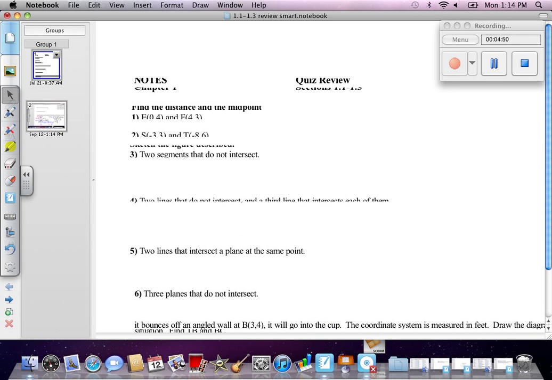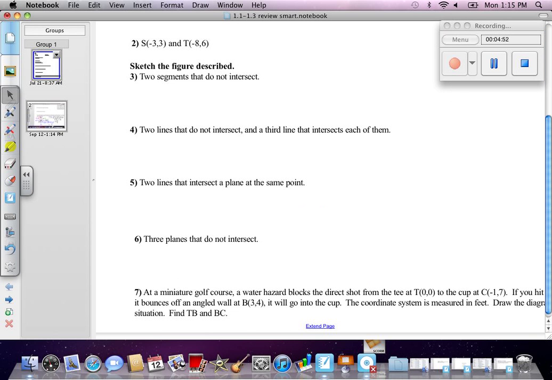So far for 3, we've got parallel lines. We've got parallel lines with a 3rd one through it. 2 lines that intersect.